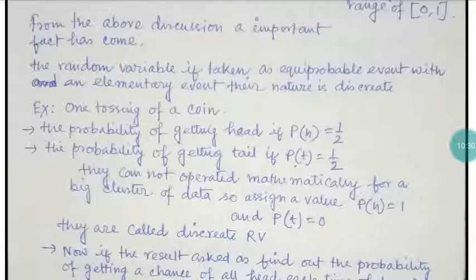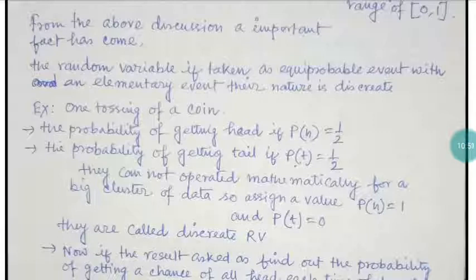Okay, now the probability of getting tail, that is PT, is also half. Okay, because there are two faces, head and tail, and you are getting at least one at a time, so obviously the outcome is Na by N. So N means 1, it is either head or tail, and the total is 2, so Na by N is 1 by 2, so it is half.